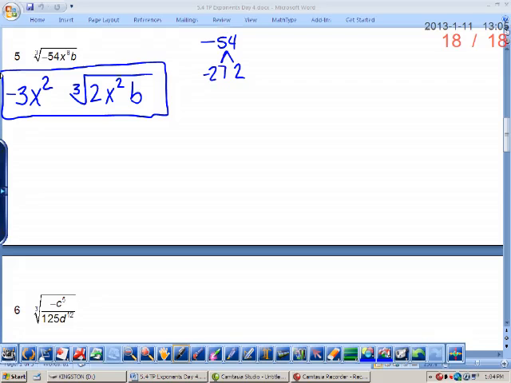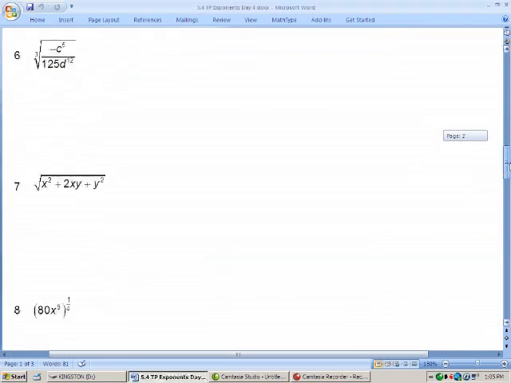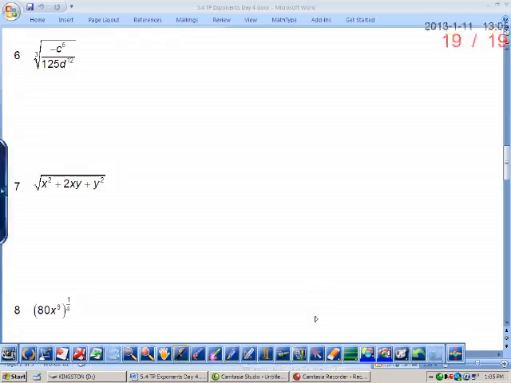Questions on that? All right, go ahead and copy number 6 down. It's the cube root of negative c to the 5th over 125 d to the 12th.